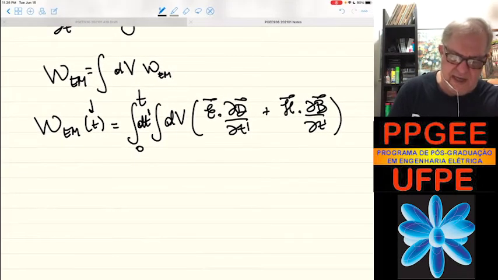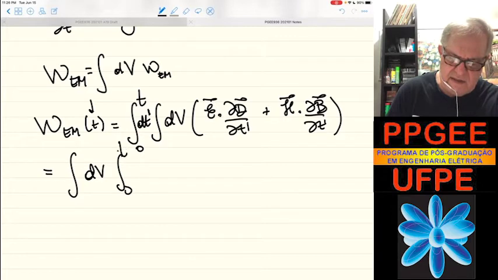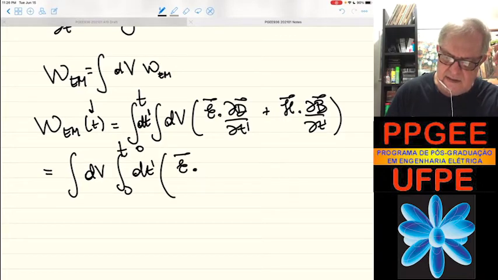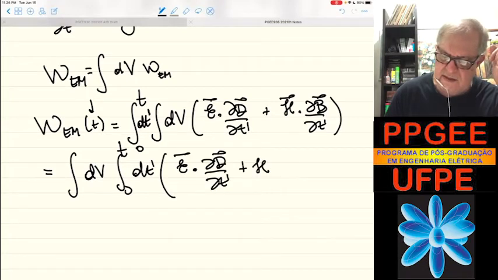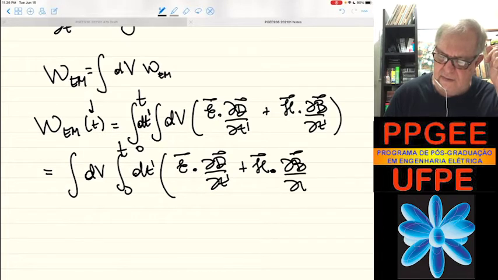So we exchange that. It's going to be the volume integral of the time integral dt prime of E dot dD/dt prime plus H dot dB/dt prime, right?